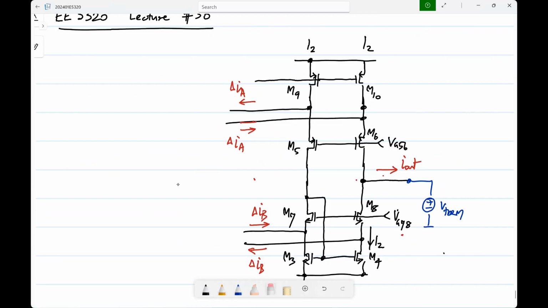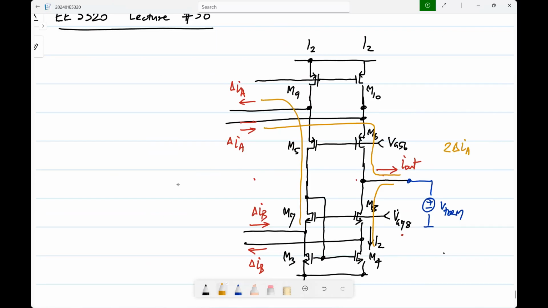First of all, the upper delta IA, the way I have it, goes through this, and then it gets mirrored out, right? And then this one comes out that way. So the two together will give you 2 delta IA.